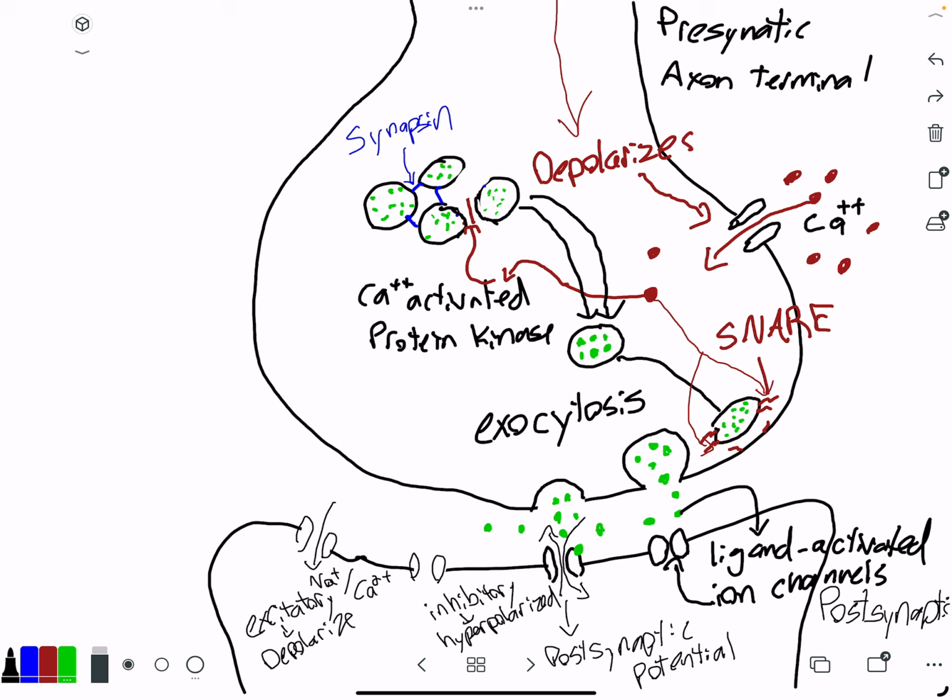And how would you make it more negative? Well, we might open up potassium channels, because potassium is more concentrated on the inside and it will flow out, causing the inside of the cell to be more negative. Or chloride channels could open and chloride could rush into the cell, bringing its negative charge with it. Both of these would result in a hyperpolarization or an inhibitory potential.